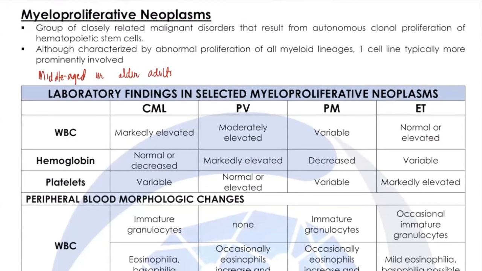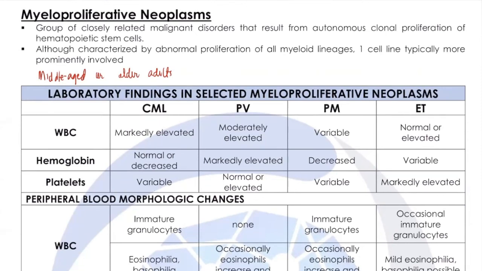Earlier, I mentioned that CML must be differentiated from leukemoid reaction, because CML exhibits a complete spectrum of granulocytic cells in the PBS. What do I mean by that? All stages of the granulocytic series are seen in the peripheral blood smear in chronic myelogenous leukemia.